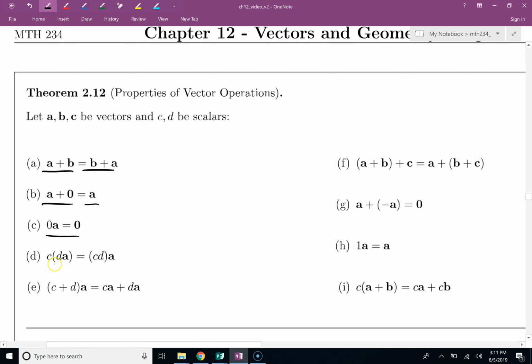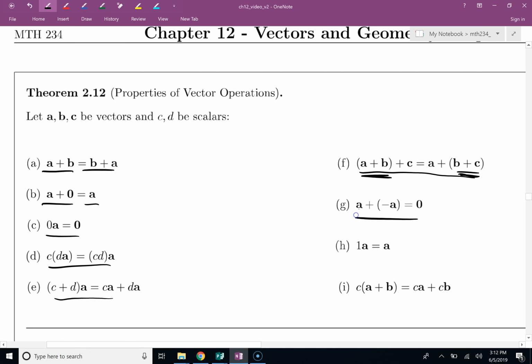Let's see, you can multiply in any order that you want. So this is the associative property of scalar multiplication here. There's distributive properties. This is the associative property of vector addition, right? So basically you can add in any order you want. You can either add A plus B first or B plus C first. So if you want to add lots of things together, the order doesn't really matter.